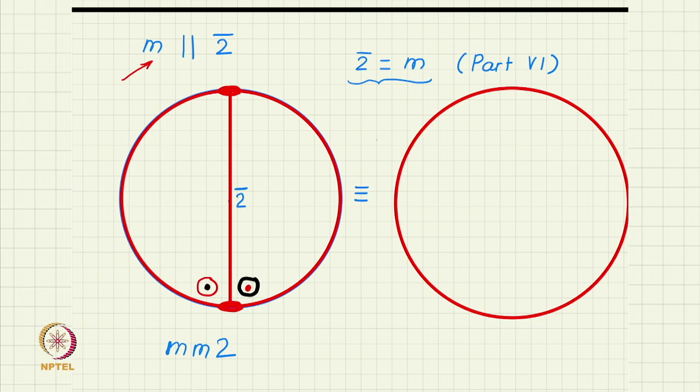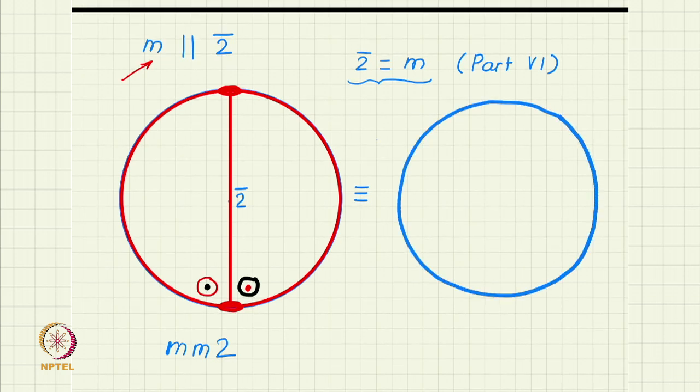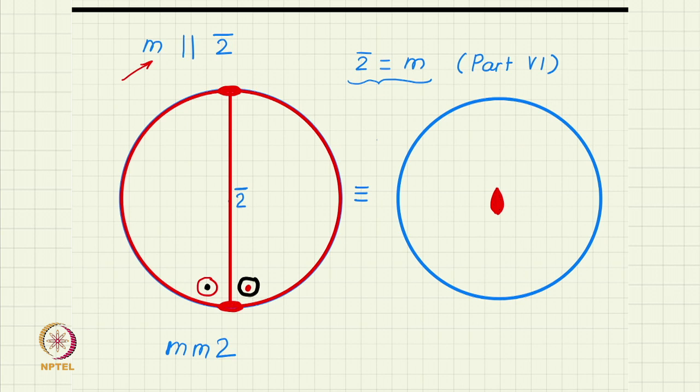If I rotate that, the primitive will no more be a mirror plane. So, I draw the primitive in blue. I bring the two-fold to the center, a vertical two-fold, and two mirror planes passing through the two-fold. This is the standard representation of mm2, but these are just two different orientations of the stereogram. The point group is the same.